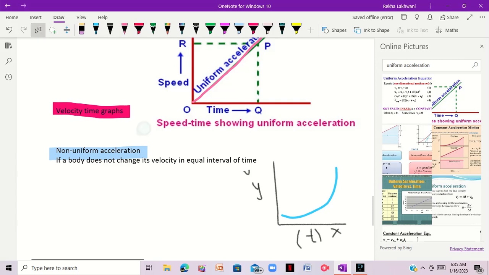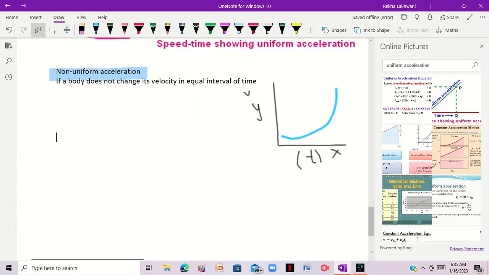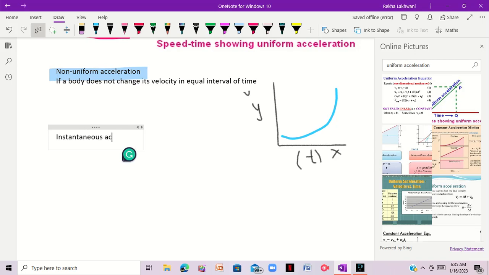Okay, now we have instantaneous acceleration, right? Now, what is this basically?